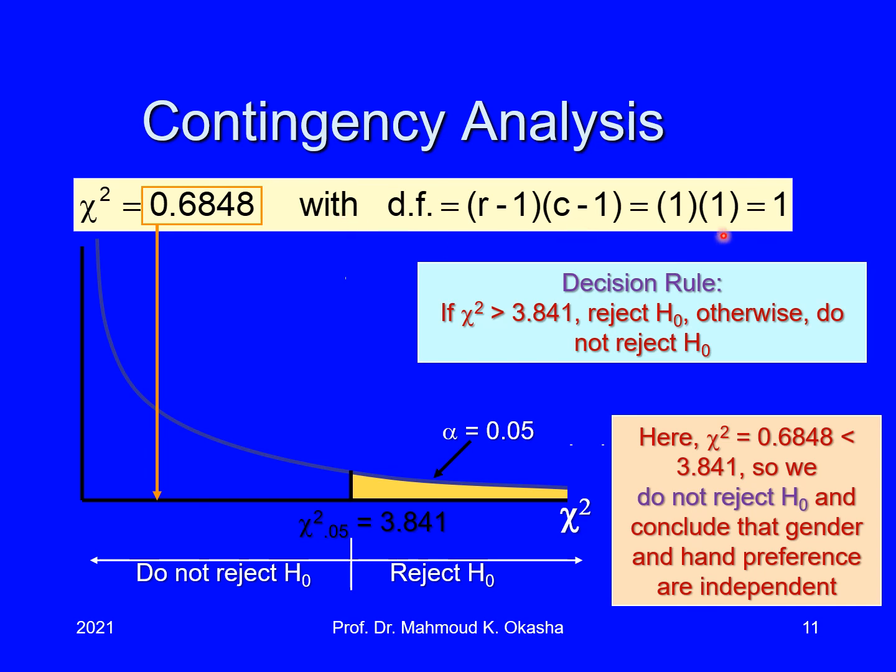We have the critical value of the chi-square from the table with 1 degree of freedom. Why 1 degree of freedom? Because the number of rows is 2 and the number of columns is 2, so 2 minus 1 times 2 minus 1 is 1 times 1 equals 1.